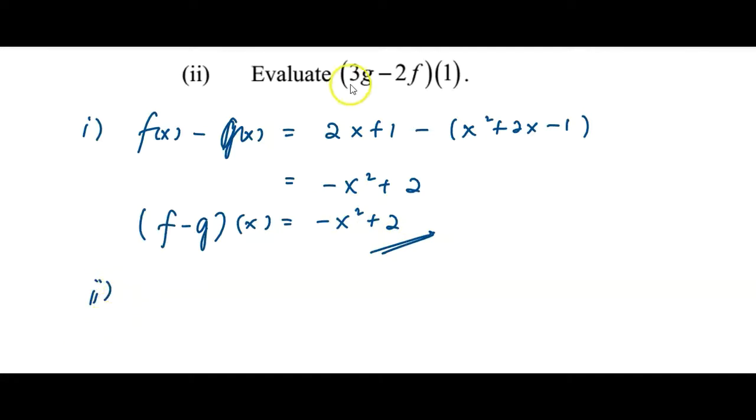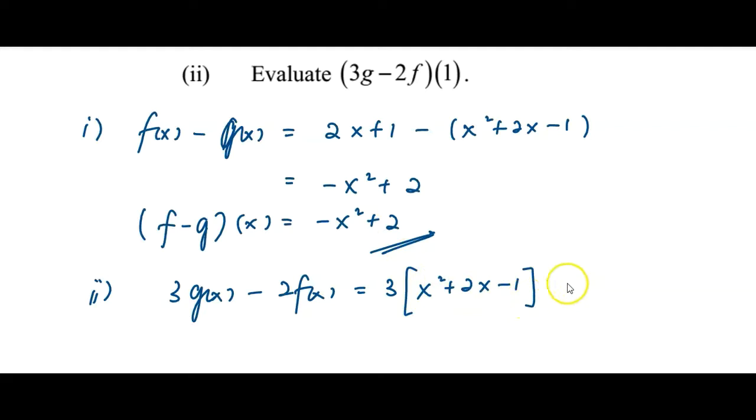For question 2, we need to evaluate 3g minus 2f of 1. So get your 3g(x) minus 2f(x) first. So 3g(x) minus 2f(x) is 3 multiplied by g(x), which is x squared plus 2x minus 1, minus 2f(x). The f(x) is 2x plus 1.